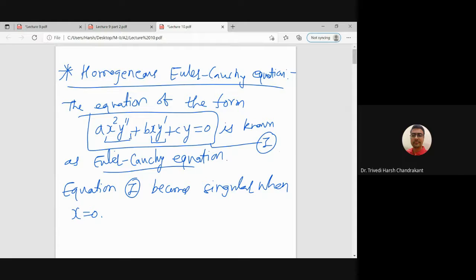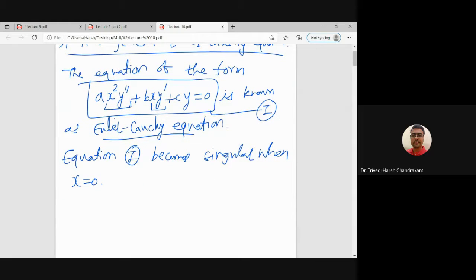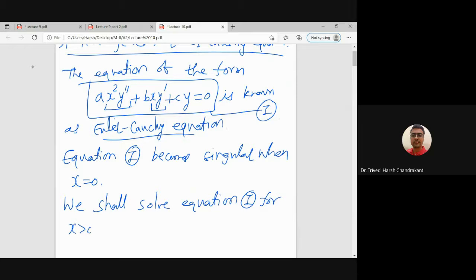Therefore, the interesting case is when x is not equal to 0, right? So we will try to solve equation 1 for positive x.